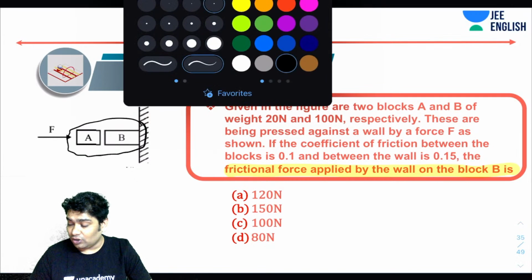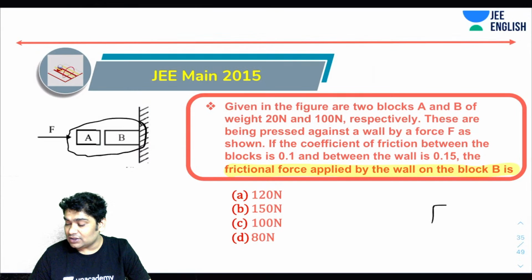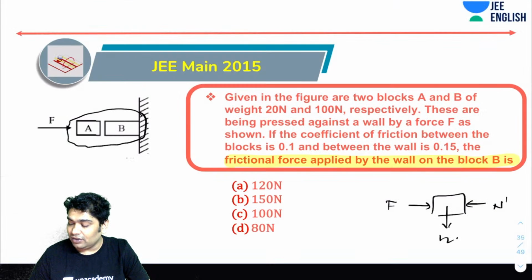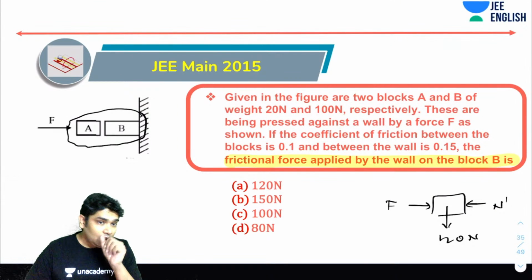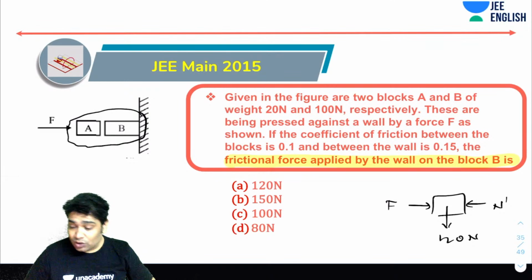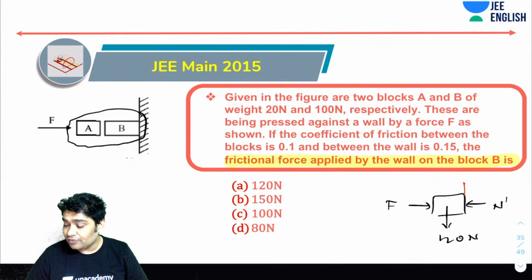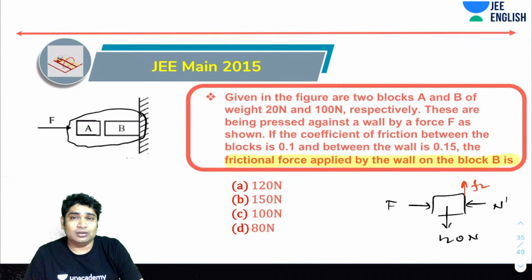This system would have felt this force F from here, some force N dash from the wall. It would have felt a net force of 120 Newton downward. So all this weight would have been balanced by the force F2 by the wall. So from here you could have directly noticed that F2 would have been 120.